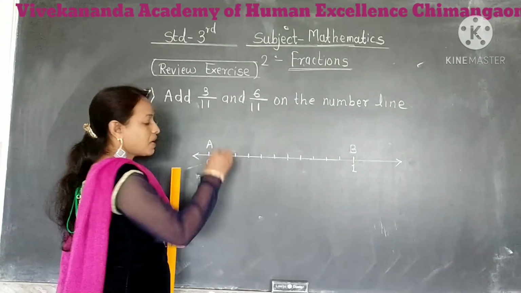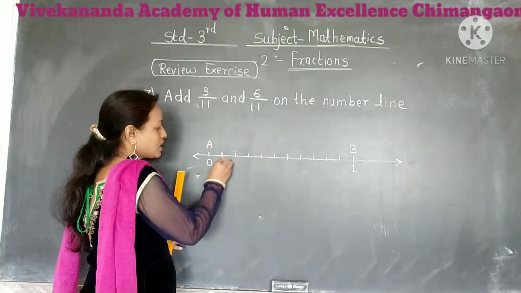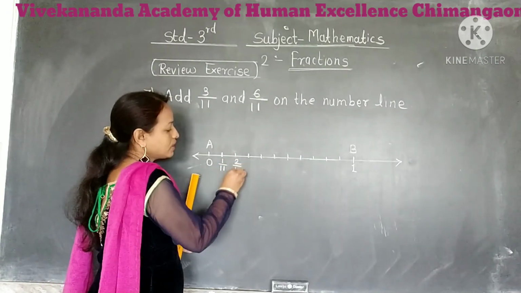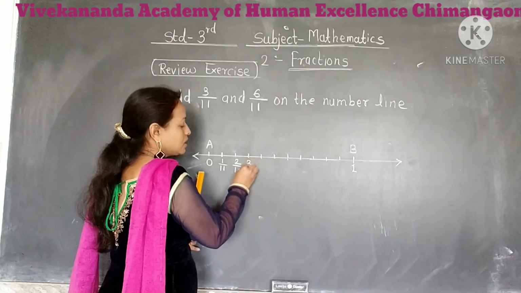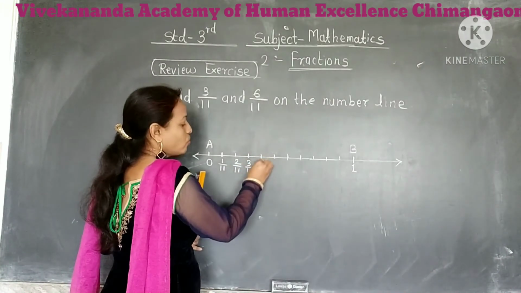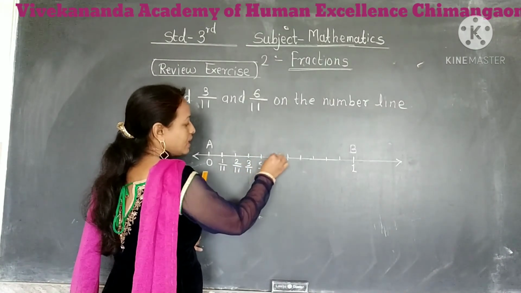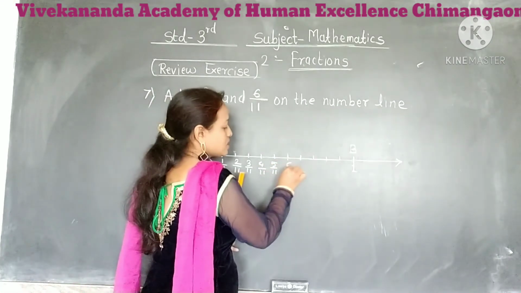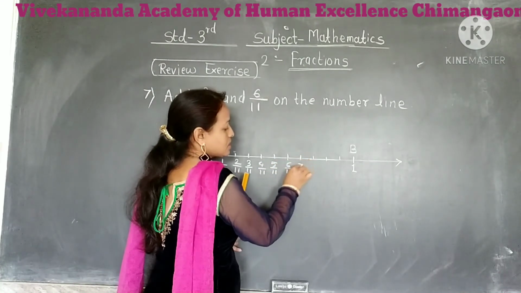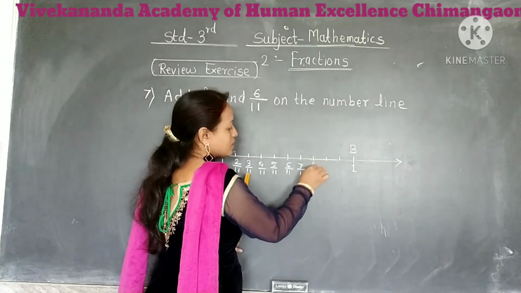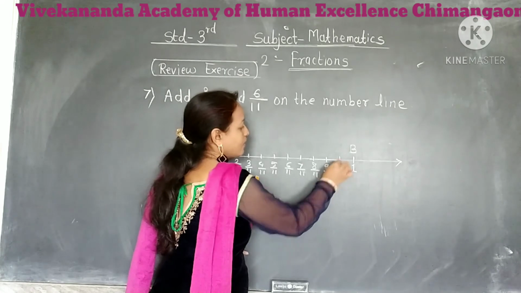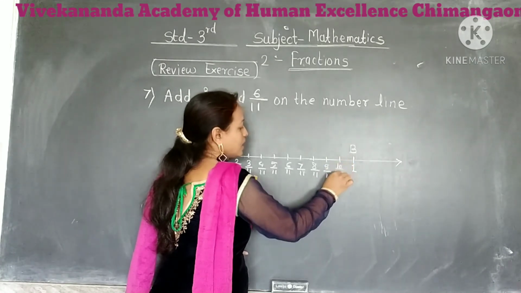So here, the first part represents 1 upon 11, second 2 upon 11, third 3 upon 11, fourth 4 upon 11, next 5 upon 11, 6 upon 11, 7 upon 11, 8 upon 11, 9 upon 11 and 10 upon 11.